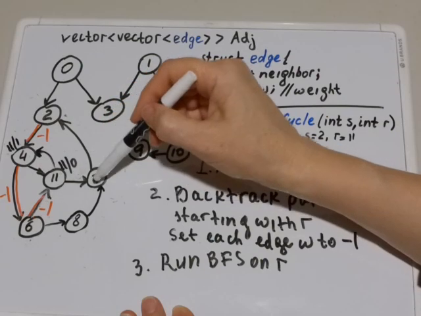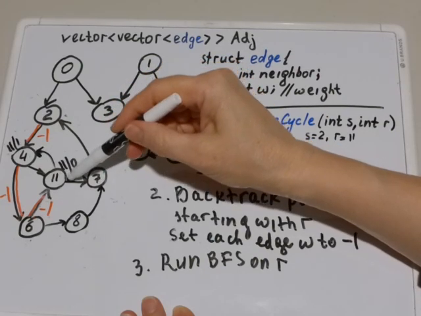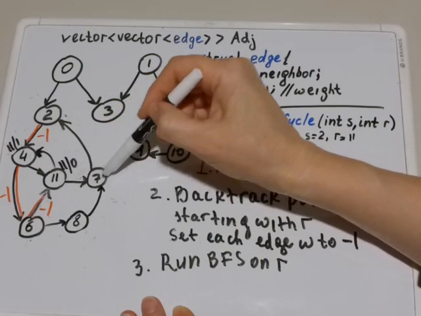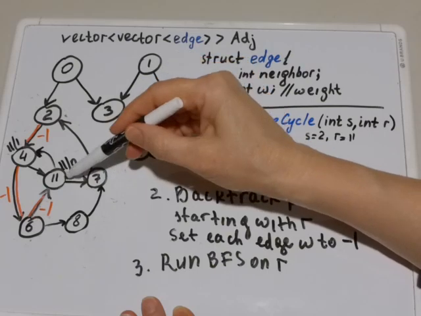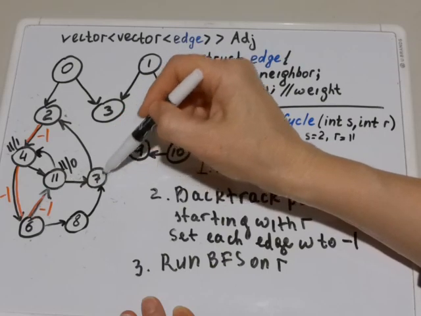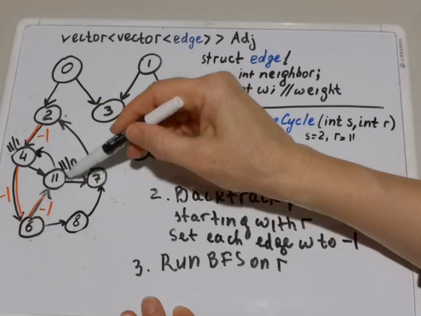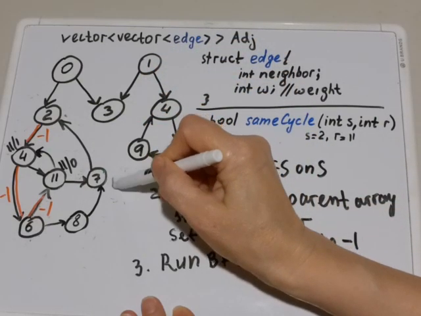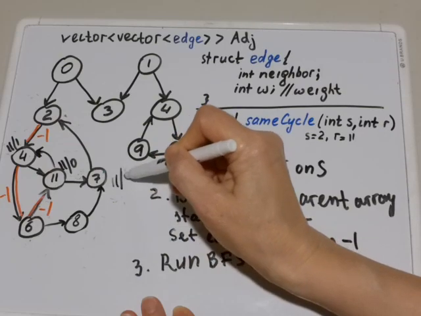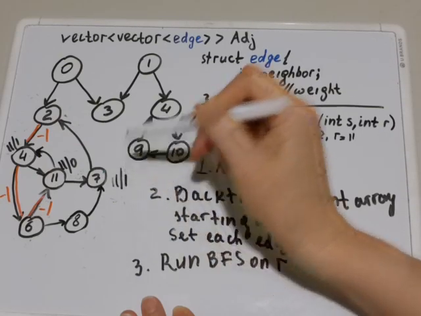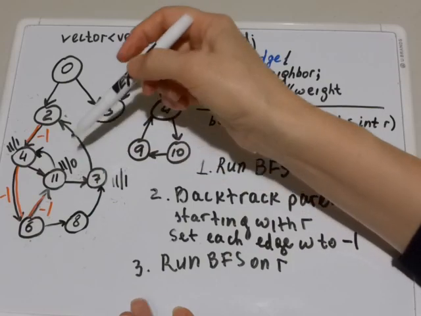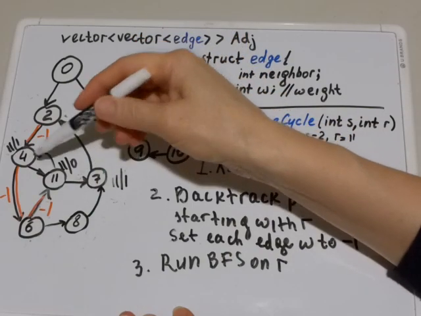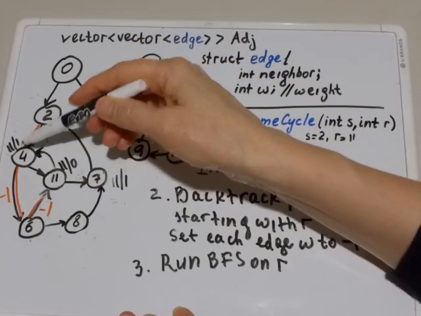Then we look at the next edge of 11. We look at the neighbor 7, its distance is infinity, and the weight of this edge is not -1, so we can put 7 into the queue. We set the parent of 7 to 11, set distance to 1, and put 7 into the queue. After that, we process 4.